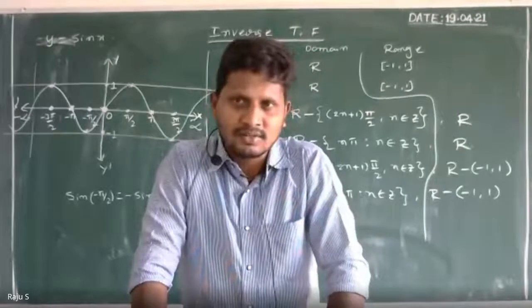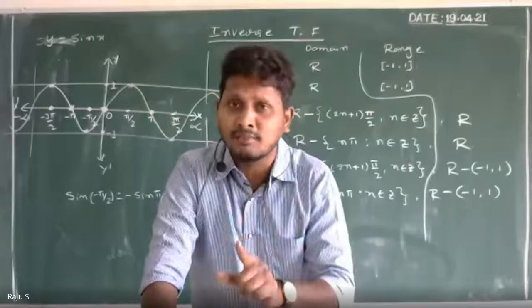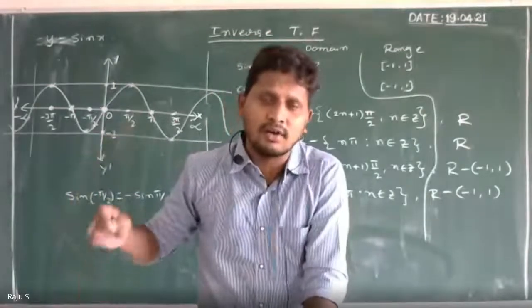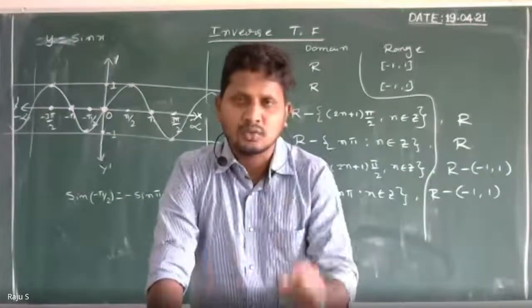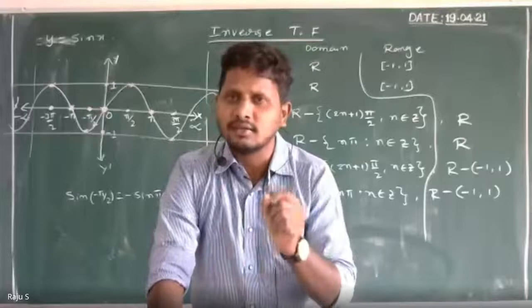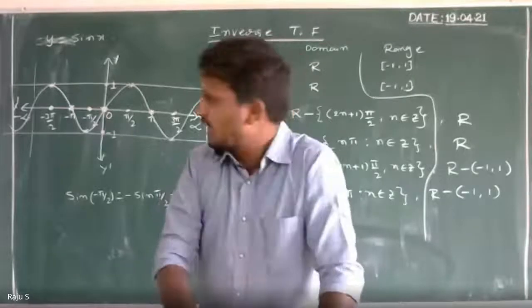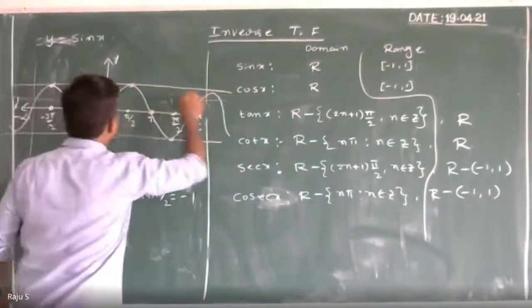Remember, students, this is very important, this can play a very important role to find the graphical representation of inverse trigonometric function, horizontal line test. So to check whether the given function is 1-1 or not, we can draw the horizontal line.